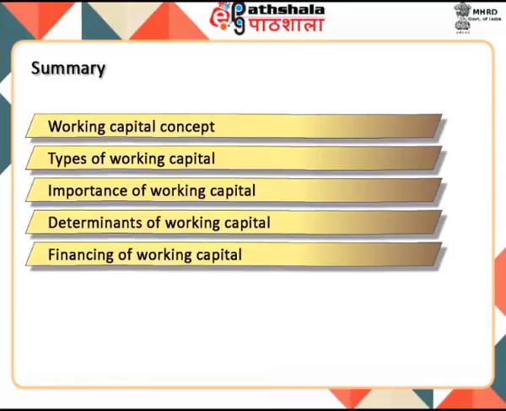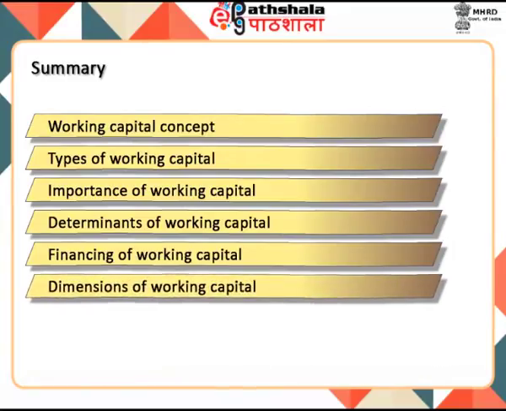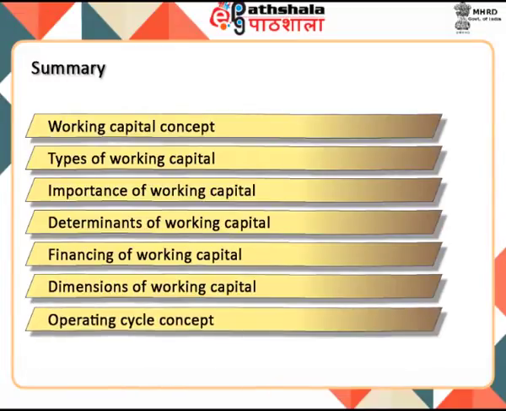We have also discussed the various dimensions of working capital management, which include cash management, inventory management, and receivables management. Working capital also has another aspect, which is called operating cycle. Operating cycle is the length of period which starts from converting cash to raw materials and ends at conversion of receivables to cash.